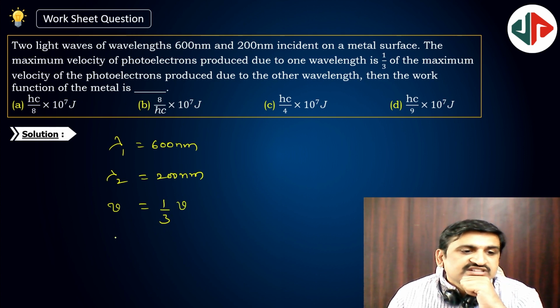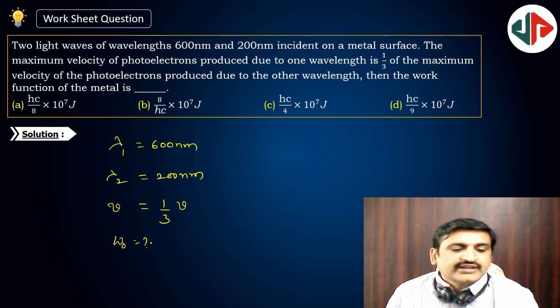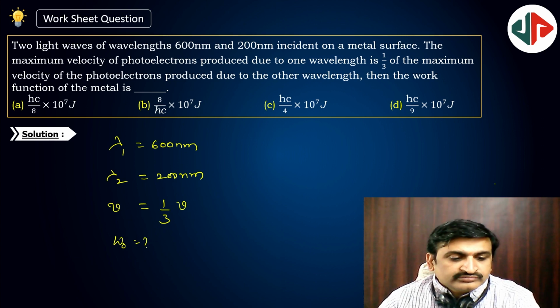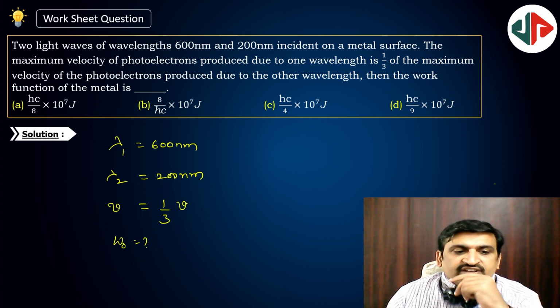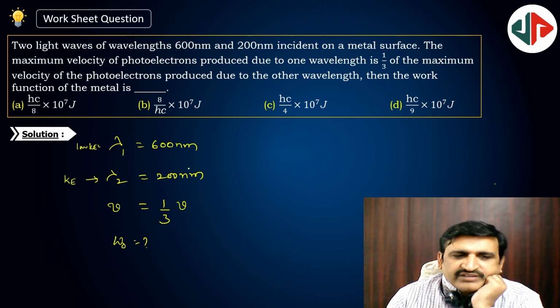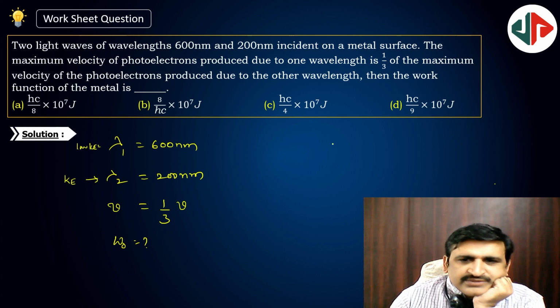Then the work function is equal to? We'll write equations like this. The small wavelength corresponds to high velocity, high kinetic energy. This one corresponds to low kinetic energy. Anyway, we'll write in terms of HC, as options are there.